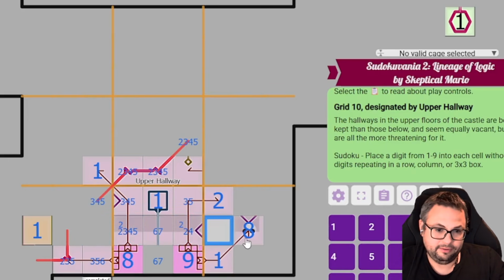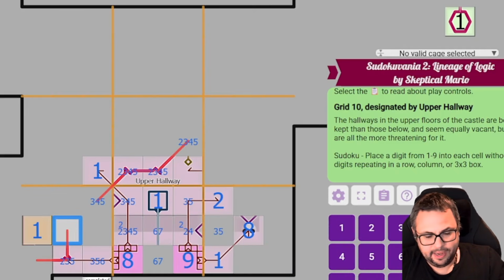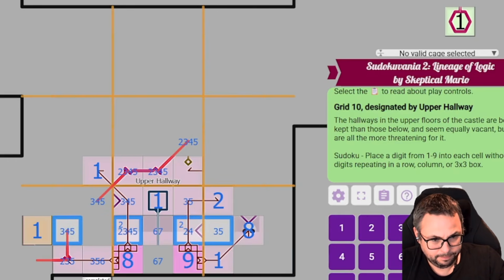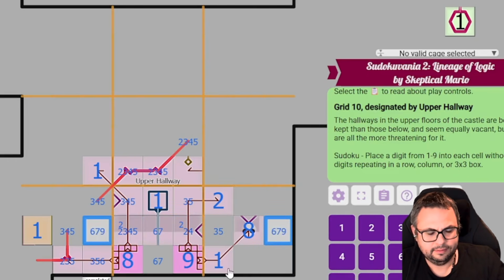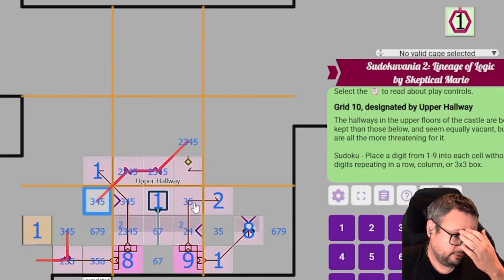In fact, actually, that makes this one a 3 or a 5, because it's next to a 2 or a 4, apparently. And this is, therefore, 3, 4, or 5, which actually gives me the full quadruple in the row. So these are 6, 7, and 9. These 2 is 4.